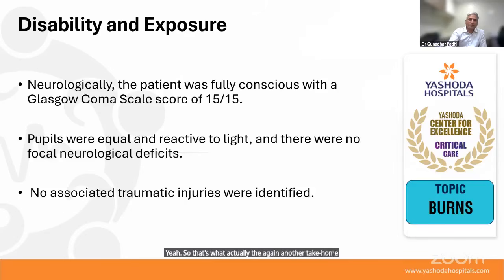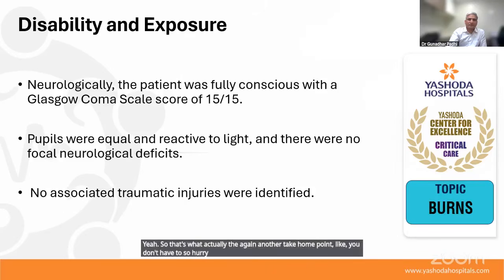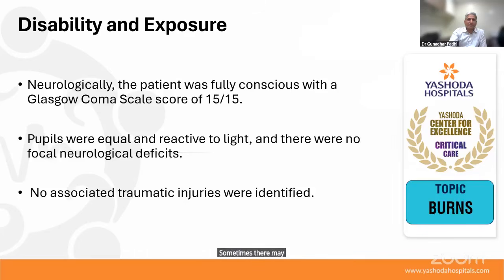Don't hurry in giving a prognostication, because these patients you have to wait. Sometimes there may be a delayed response, because initially for 48 to 72 hours there may be a lot of inflammation, reperfusion, direct nerve injury.